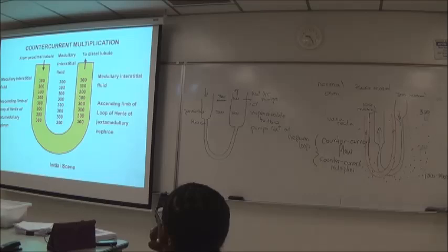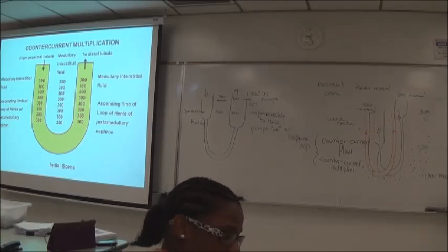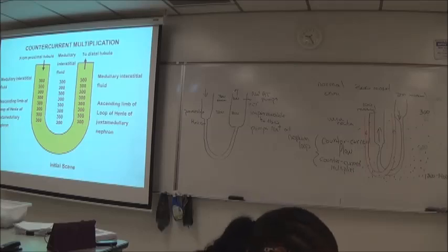The filtrate from the proximal convoluted tubule has flowed into and up the loop. No pumps are on at this point. So our filtrate coming in is 300 milliosmoles, and our extracellular fluid in the medullary pyramid is 300 milliosmoles. We haven't done anything. Okay, this is just like it would have come in from the proximal convoluted tubule.